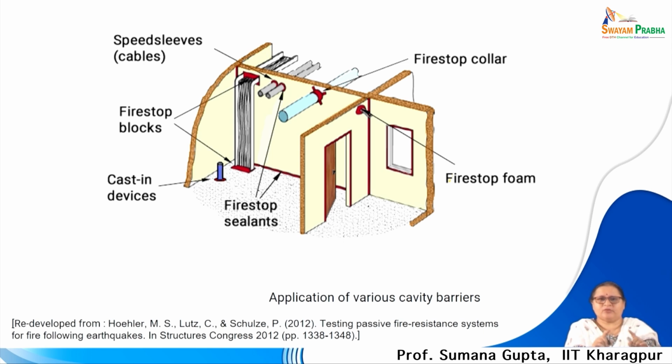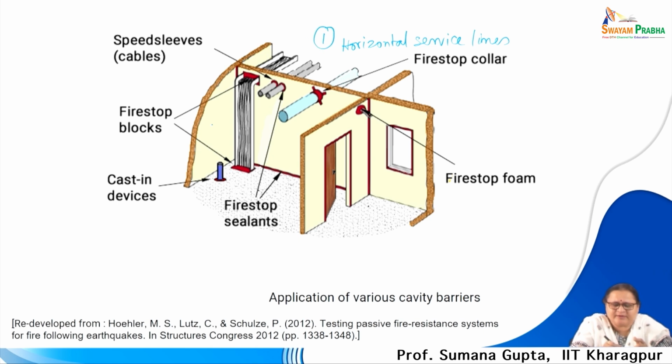As I have talked about all pipes, all spaces, you can see here these pipes are all the vertical or all the horizontal services, all horizontal service lines, passing from space 1 to space 2.